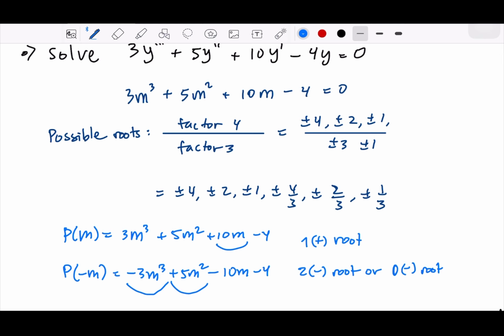So we could have one positive root and two negative roots, or one positive root and two imaginary roots. Because the number of roots should be equal to 3, because we have the third degree polynomial.